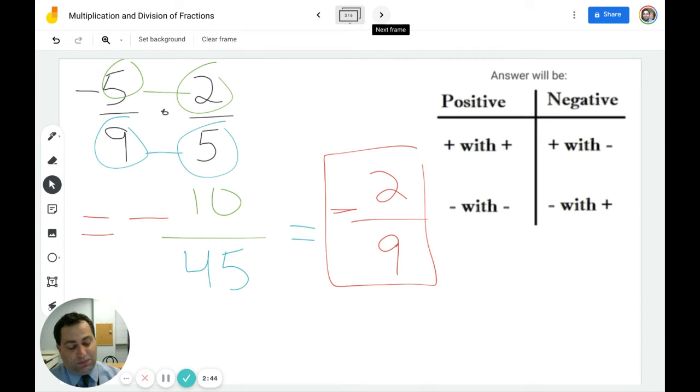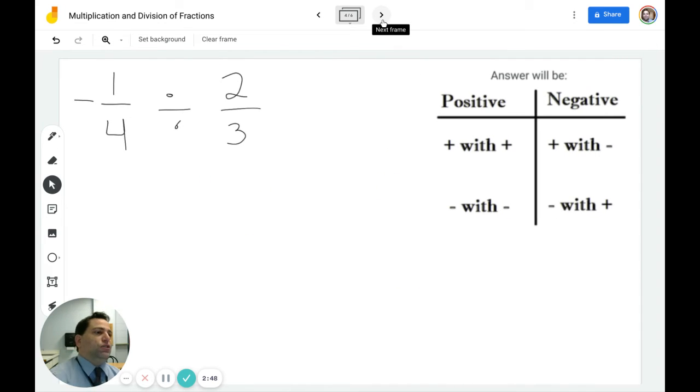Let's try some division problems. So here I have negative 1/4 divided by 2/3. The first thing you're going to want to do is set your sign. I have a negative and a positive, so I know my answer is going to be negative. When dealing with division, it works a little differently than multiplication.